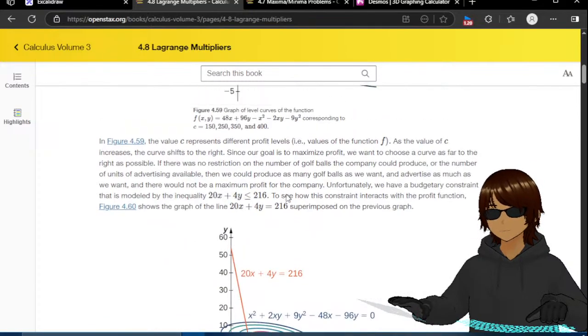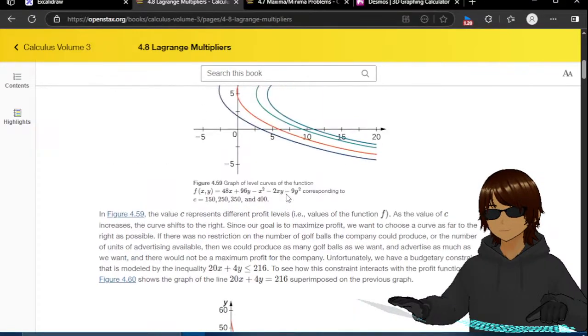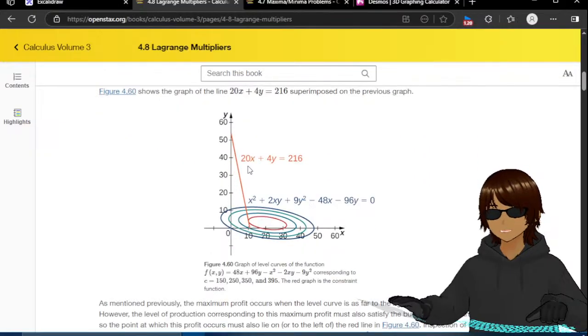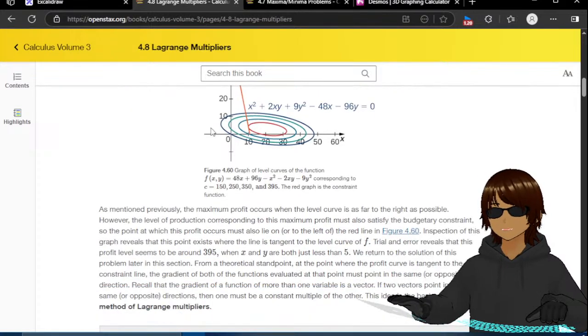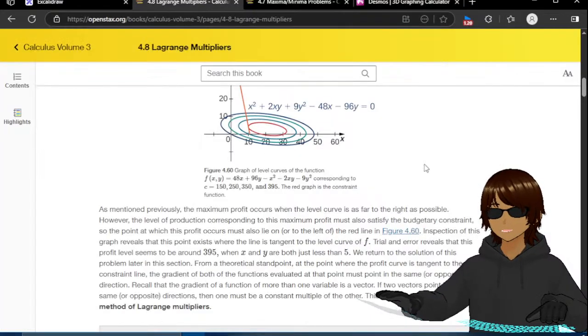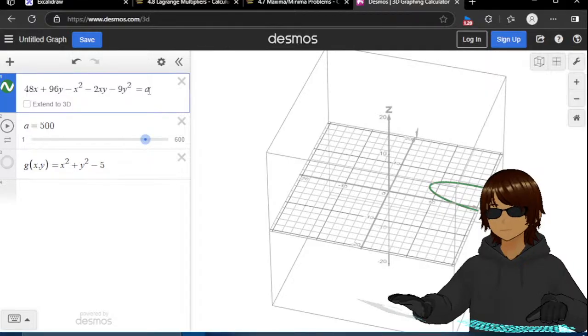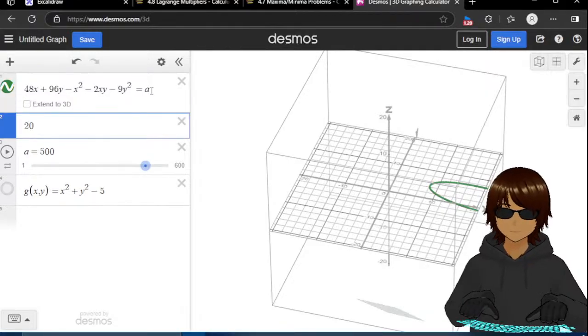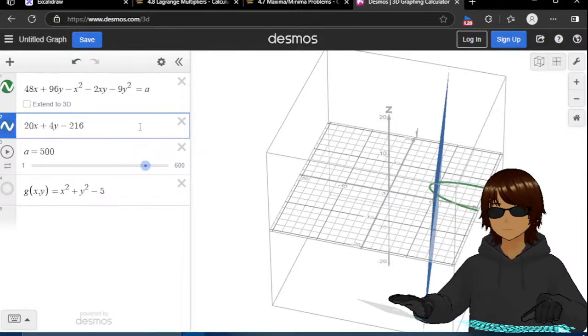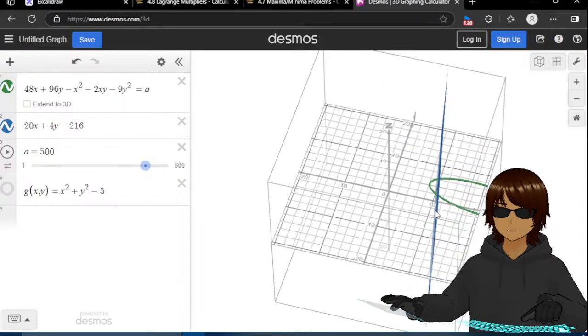Okay. But if we do have a constraint, for example, 20x plus 4y equals 216, we show the constraint here. And then what? Then we try to bring this graph to keep going right.